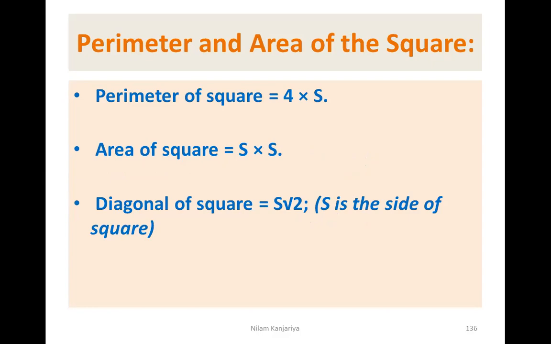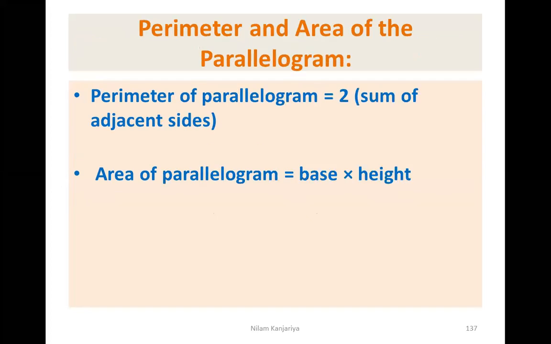The area is side squared, and the diagonal is again defined by the Pythagoras theorem, because when you draw the square you always get a 90-degree angle, and the hypotenuse is the side opposite the right angle. So by this theorem you are able to find the diagonal of both square and rectangle.